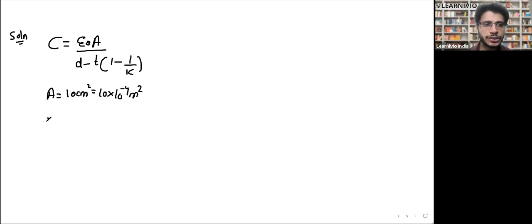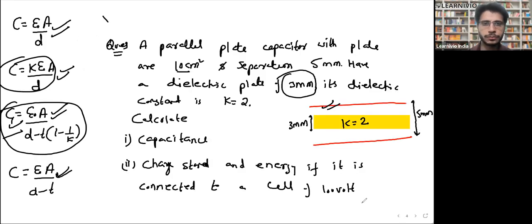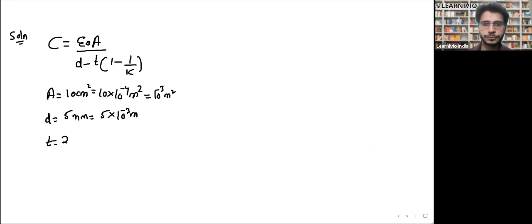Separation D is 5 mm, which means 5 into 10 raised to the power minus 3 meter. T is 3 mm, so it's 3 into 10 raised to the power minus 3 meter.